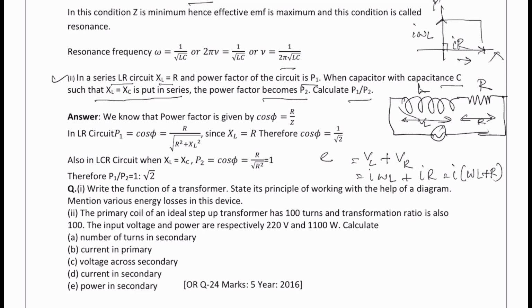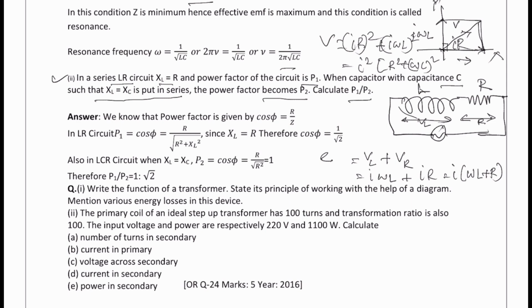Now if we resolve these two vectors, this is the resultant vector. So what is the total potential drop? V square is IR square, B square, plus P square, which is I omega L square. So it is I square common, R square plus omega L square.